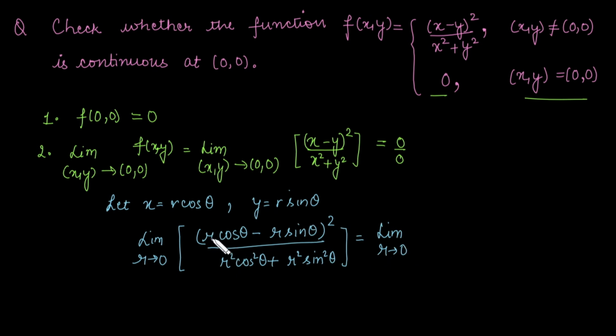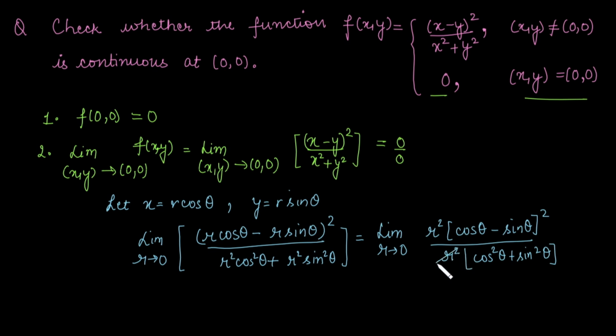From numerator we can take r outside, but it has a square, so we can take r square outside. Remaining term is cos theta minus sin theta whole square divided by r square common from this factor, and the remaining term is cos square theta plus sin square theta. R square gets cancelled with r square.